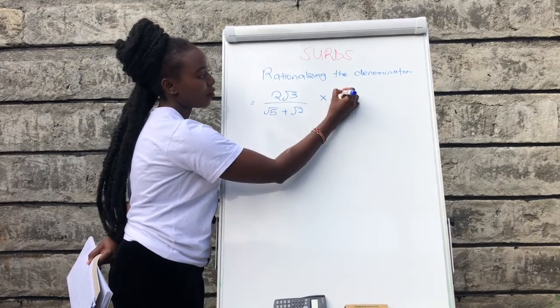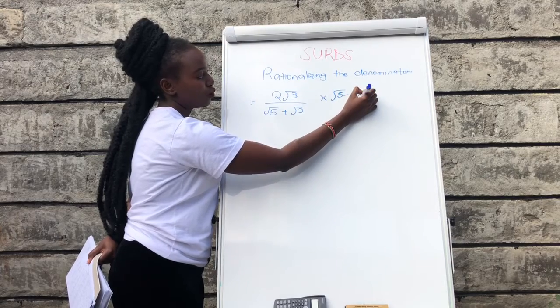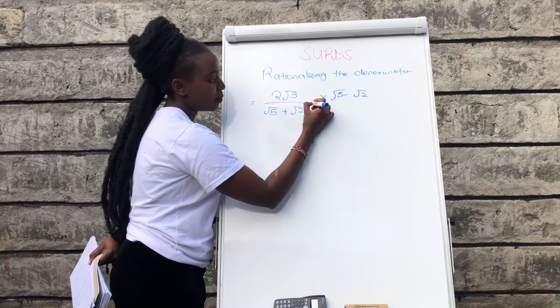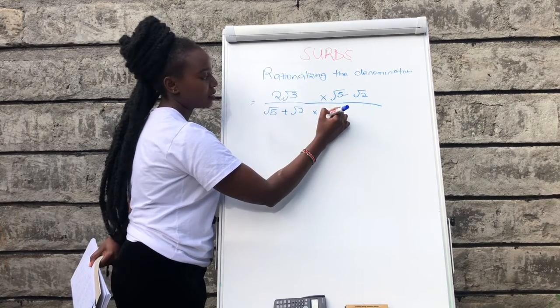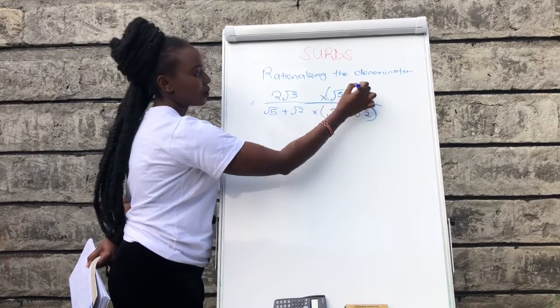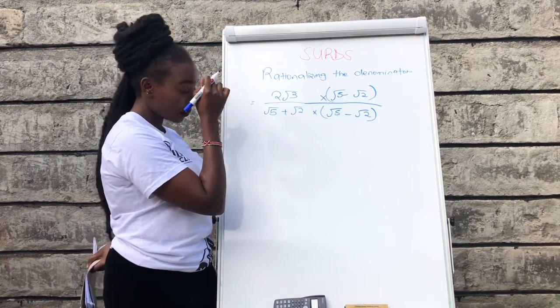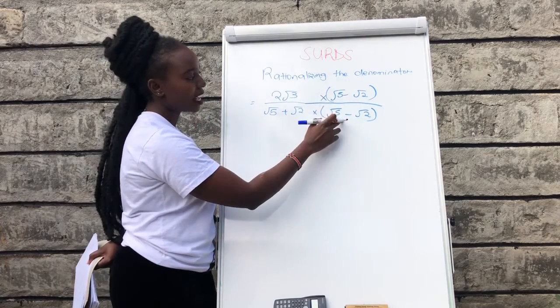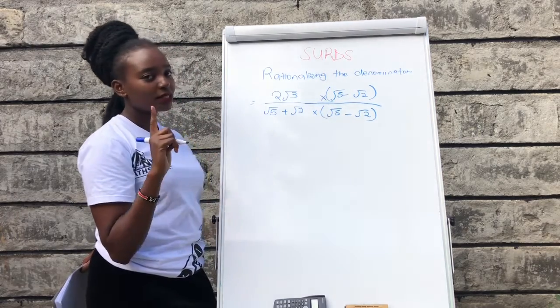That's step 1, root 5 minus root 2. Remember, we change the sign to negative. Also, down below, you'll have to multiply this by root 5 minus root 2. So that's step 1. So step 1, we just indicate the change of the sign both on the numerator and the denominator.